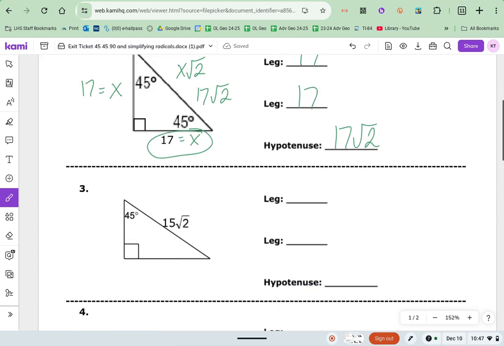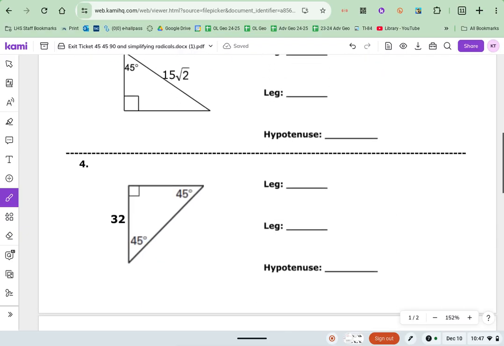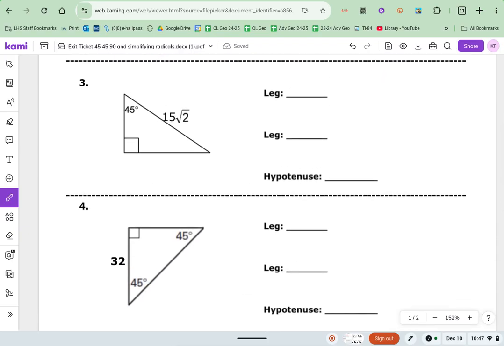Okay, let's see. You guys try 3 and 4. Good. Nice. We're going to go ahead and try 5 on the back.